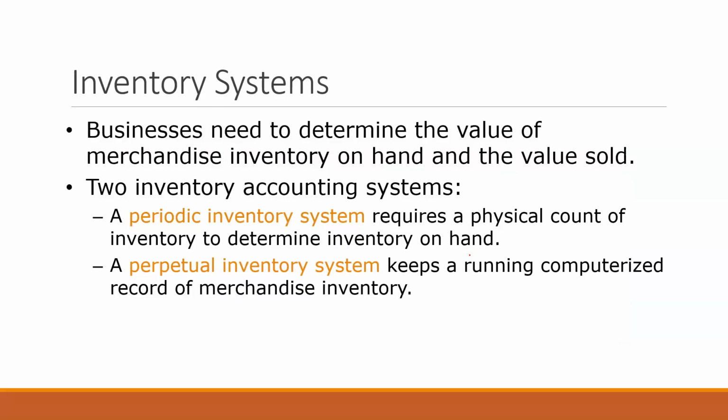Okay, we have two different types of inventory systems that we use to determine the value of the inventory on hand. One is a periodic inventory system, which requires a physical count of inventory to determine how much is on hand and to determine when we change our accounting records. And a perpetual inventory system, which is a running computerized record of merchandise inventory.